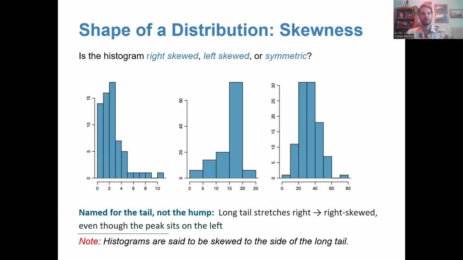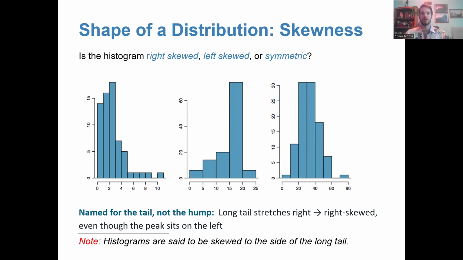Now, when we look at the shape of distribution, one of the important things to focus on is skewness. There's a couple other things that the textbook chapter talks about. These are all important, but I want to highlight skewness because it's easy to mess this up. So the skew is named after the direction of the long tail, not where the hump is going to be.